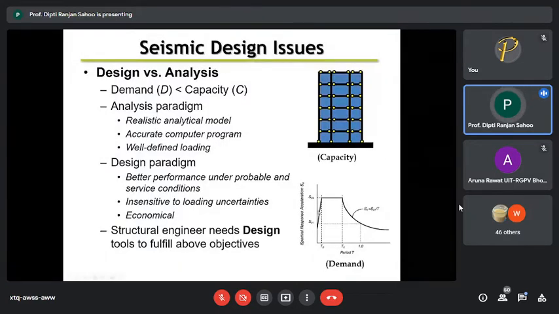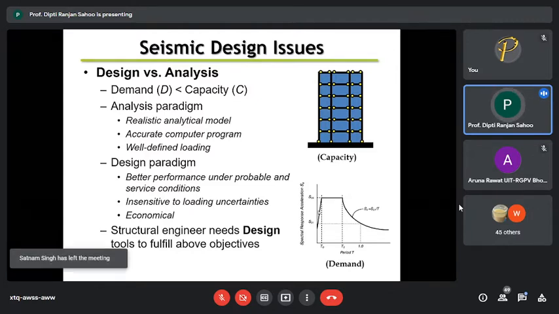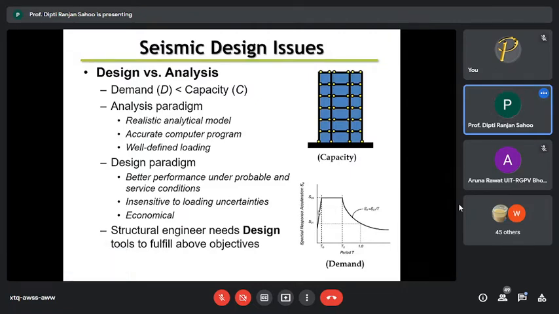So the basic design philosophy is that whatever demand you calculate, the base shear or the lateral forces, the structure is subjected to some kind of design force. Each member, or the structure as a whole, should resist that load safely. But the actual problem here is how good your analysis is and how well you have defined the loading.